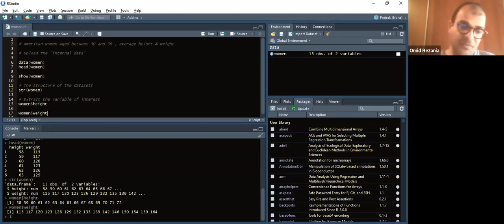Sometimes, for example for your homework, I'm going to give you a data set which has, let's say, 10 variables, and you only need 2 variables. That's the way you extract the variables you want to work with. For example, I give you a box of tools, and it's going to be very heavy.